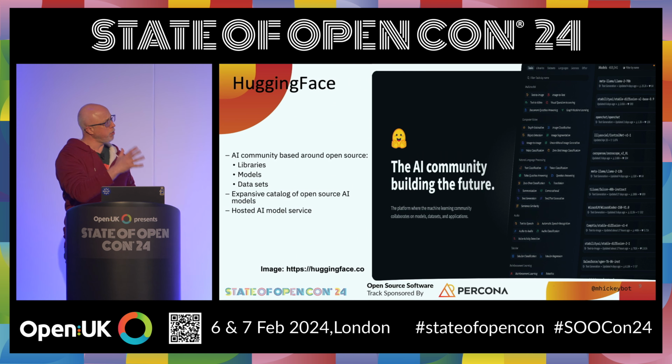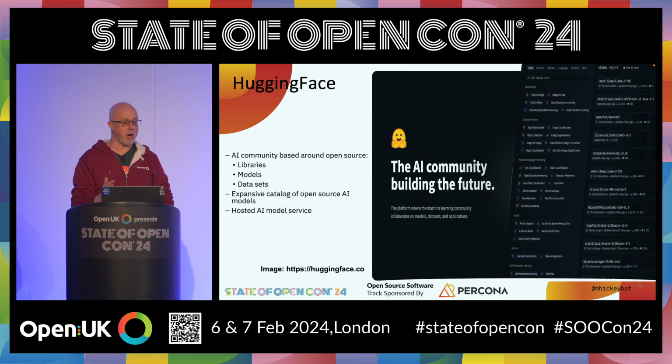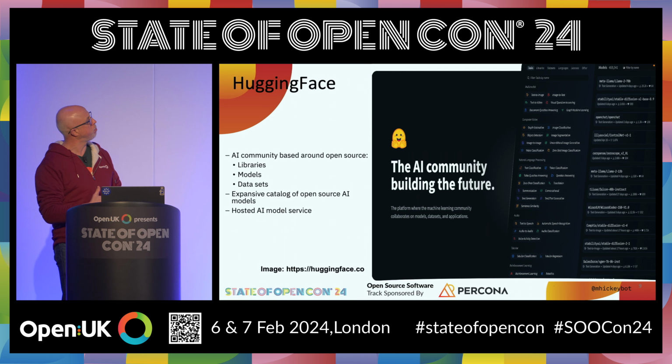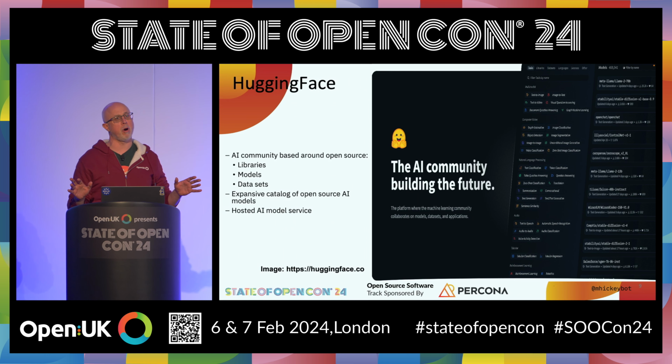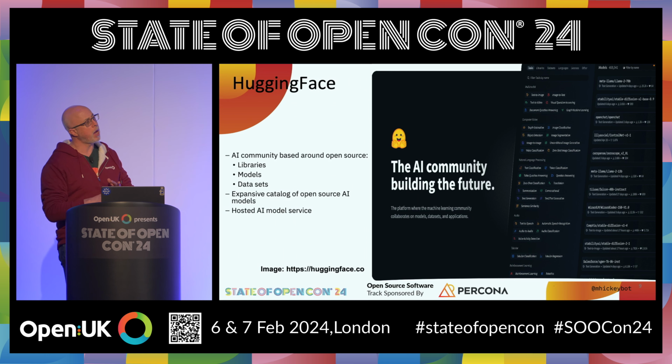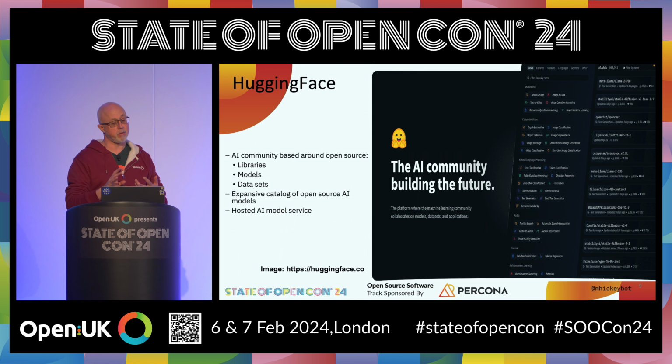So Hugging Face, for the people that might not have heard of them, are a company that have created an AI community, and it's based around open source libraries, models, and data sets.